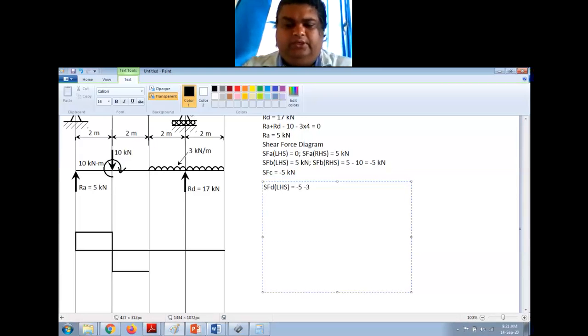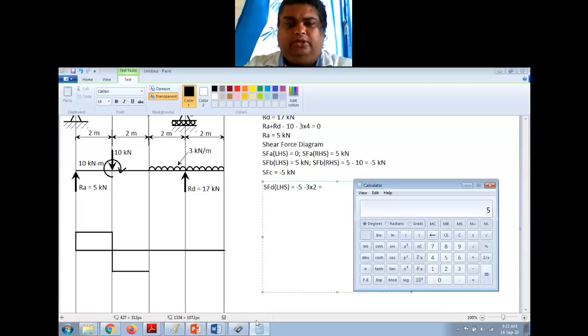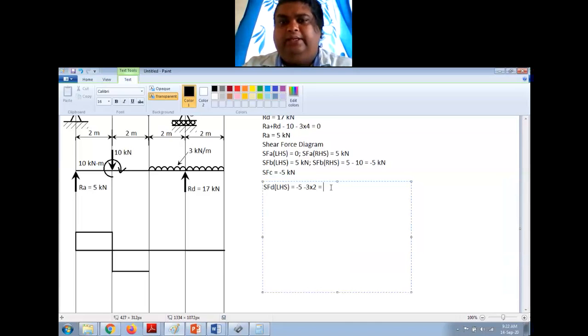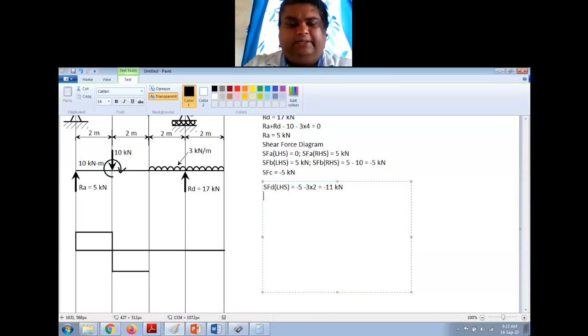So 3 into 2. Let me open my calculator. Minus 5 minus 3 into 2, so it will be minus 11 kilonewton. So this is on the left hand side.